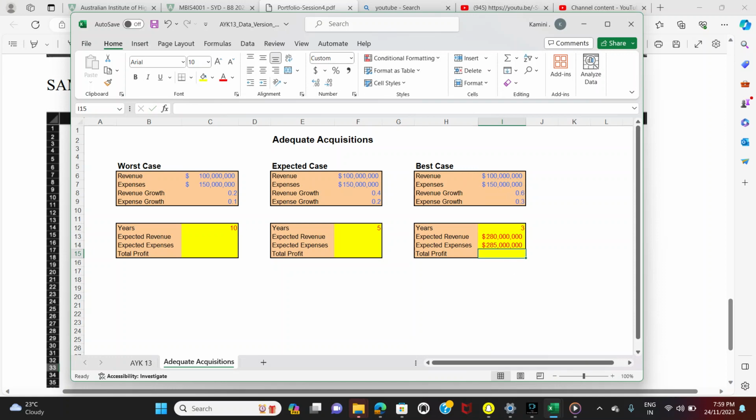Then there is a problem: expected expenses are more than the expected revenue. If we change the year from 3 to 4, we get the result.